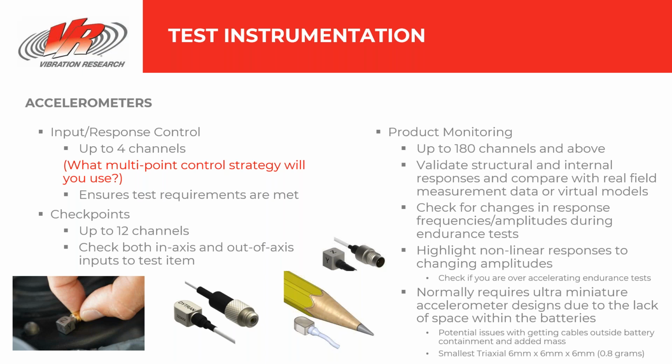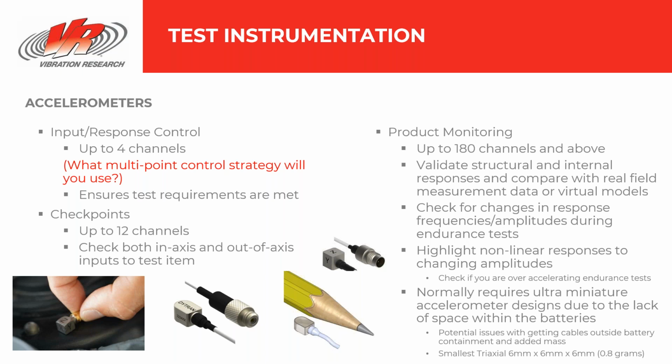So yeah, control positions where they're actually part of the closed loop control loop, and then you have checkpoints which may not be part of the control loop but are ones that you're trying to identify how close they're meeting the requirement.